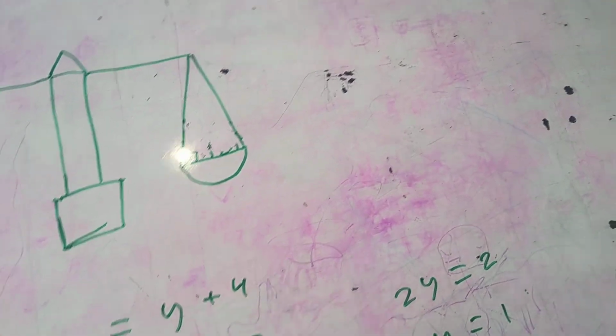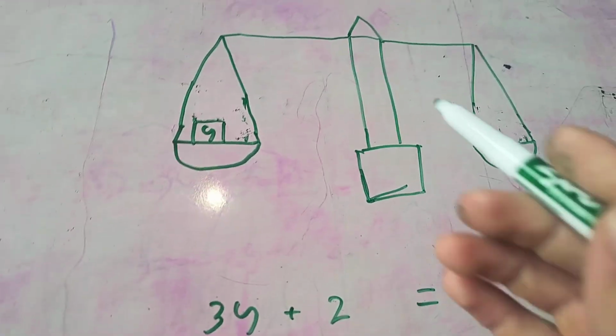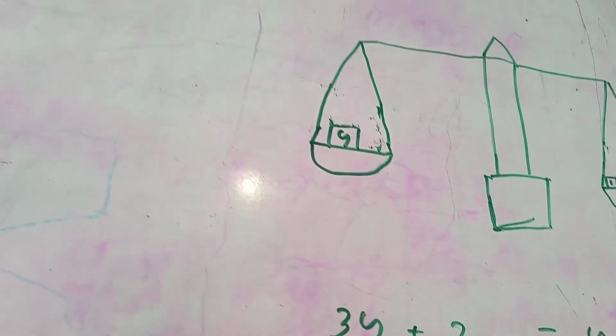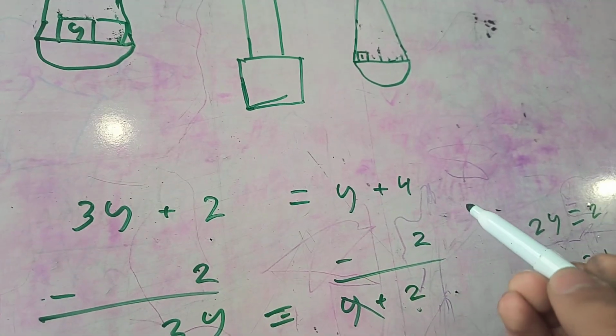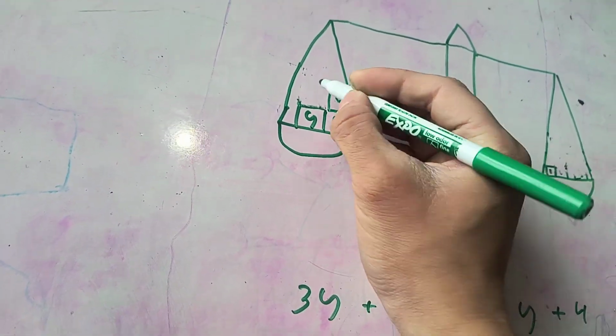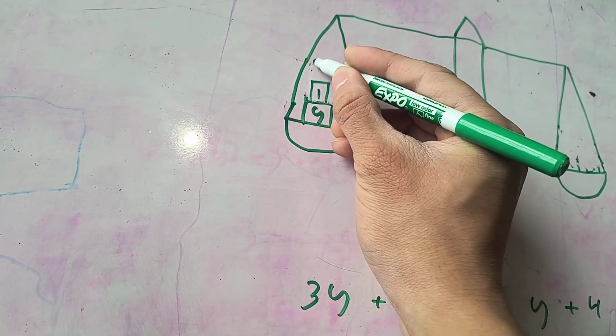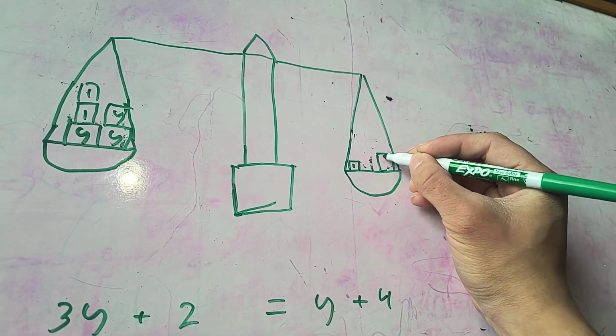And the great thing about math is that you can always go back to the original equation and make sure you're right. So the original was, I believe, 3y plus 2 equals y plus 4. So y is 1, and then we have a y right here.